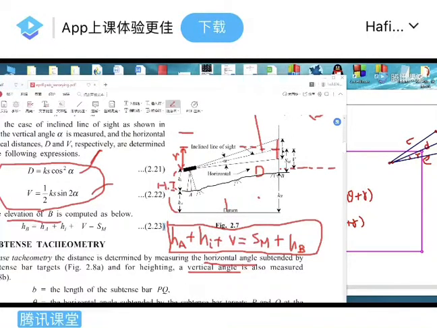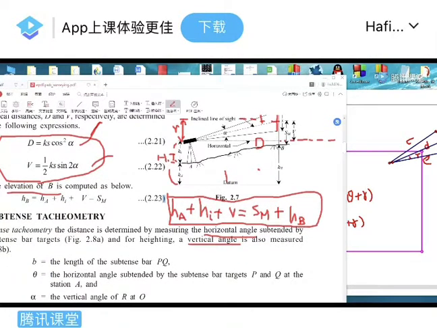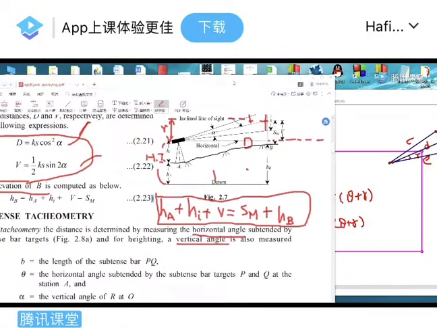One is a subtense bar, the other is a leveling staff. Otherwise, you can't get SM. Of course, if you want to be precise, you need the leveling staff to get SM. Otherwise, it's too ambiguous. It's not accurate. All right, let's continue.